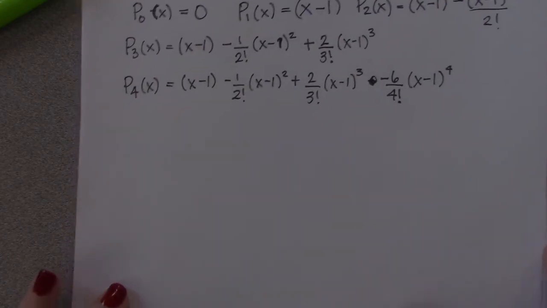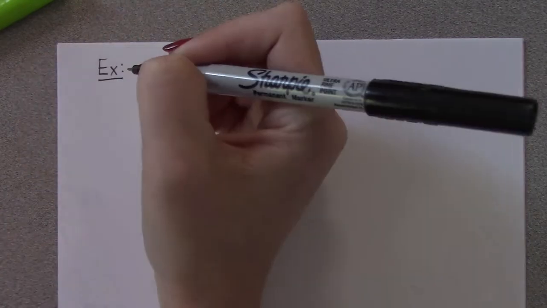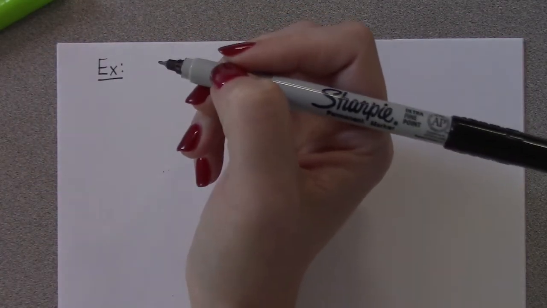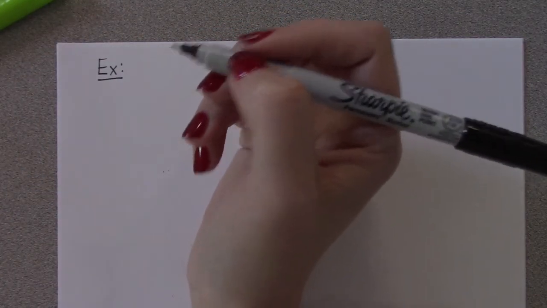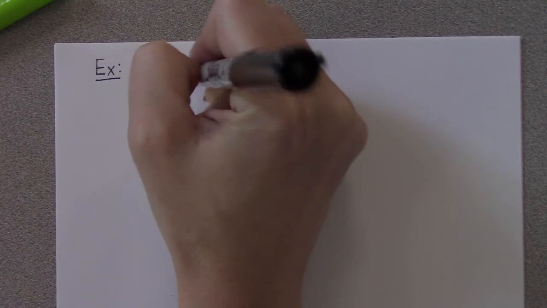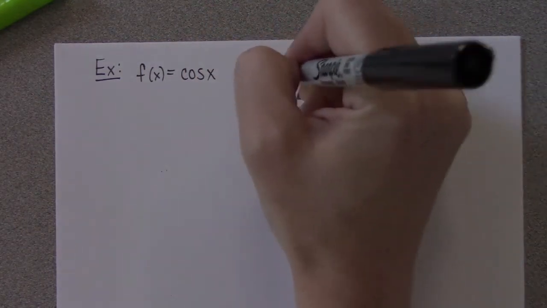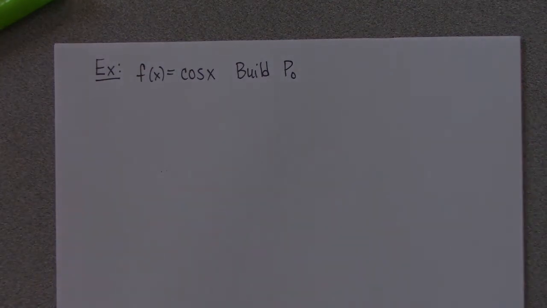All right, so let's look at another one. Let's actually build cosine x. And then we're going to use our polynomial for cosine x to approximate a value. So we're going to let f of x be cosine x. And remember, cosine's an even function.